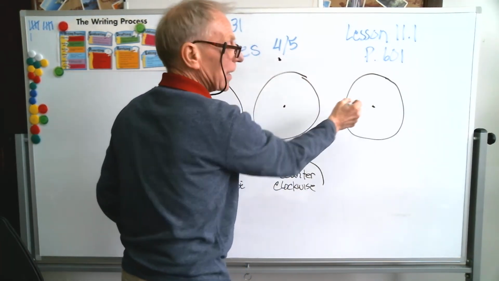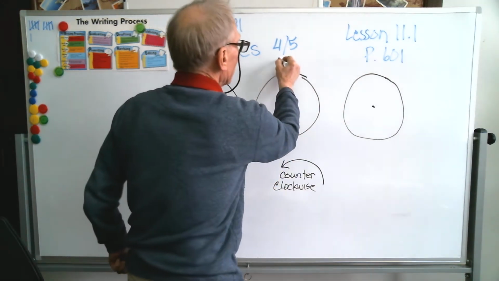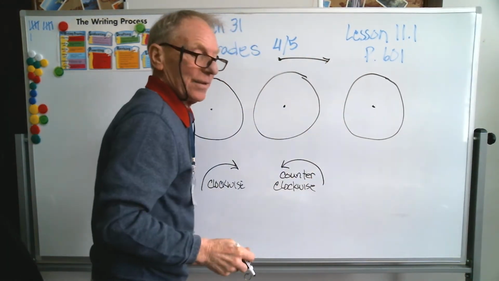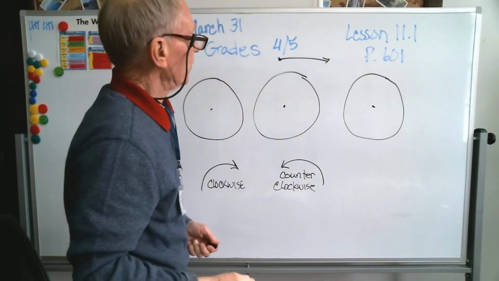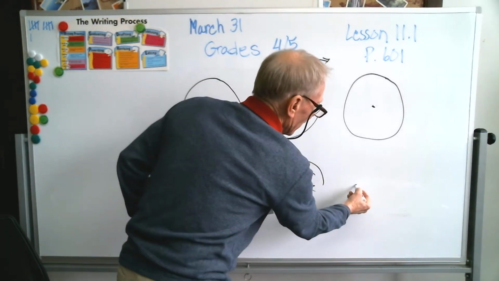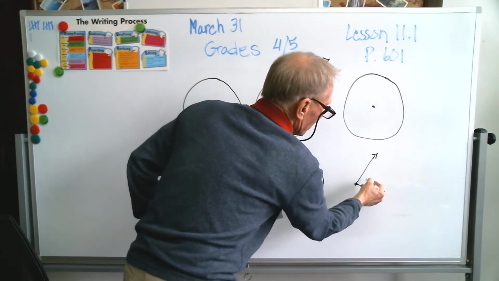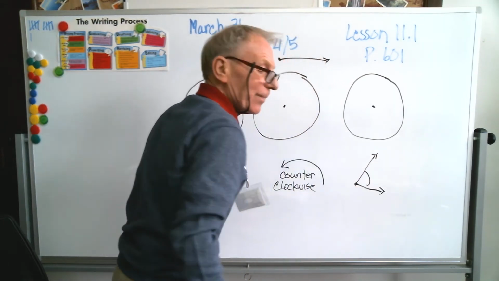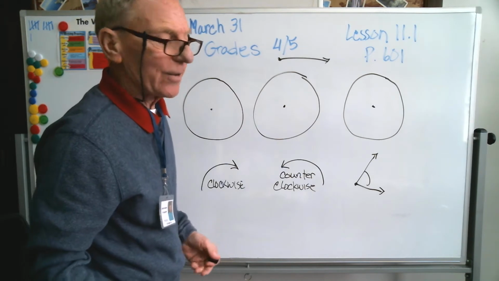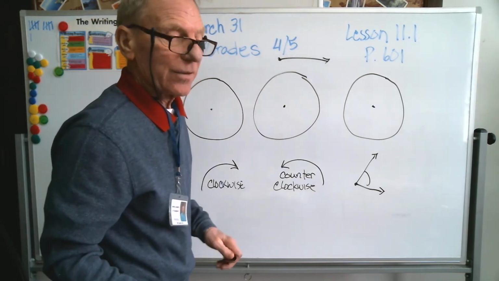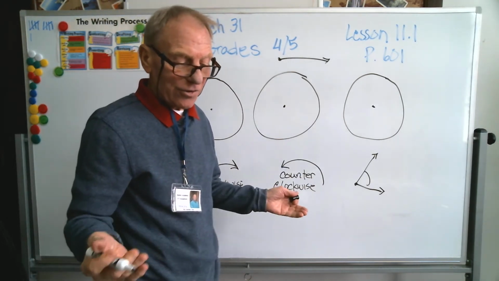We have a point on each one of our circles, and then where that point goes. An angle has a point and two rays, and that creates the angle. So now we got that down. Let's just look at a few of these.